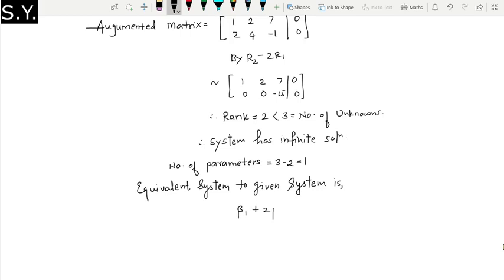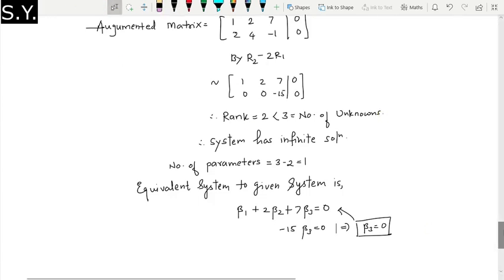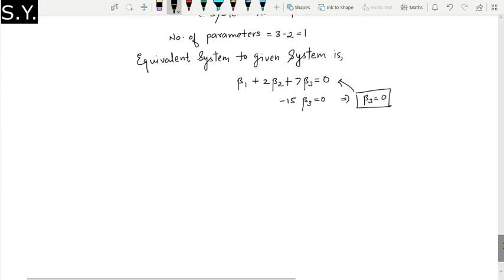Beta 1 plus twice beta 2 plus 7 beta 3 is equal to 0, and over here I will have minus 15 beta 3 is equal to 0, and this is going to imply beta 3 is 0. Now since beta 3 is 0, we cannot use the parameter for beta 3, so you can just use the value in the above equation. So you will get beta 1 plus twice beta 2 is equal to 0.